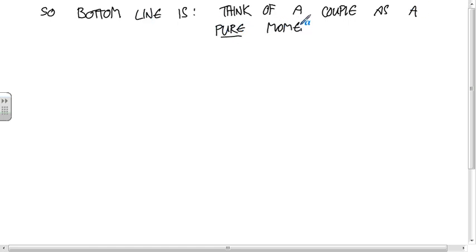It's just a moment you apply to a body. When problems say that there's a couple applied here, they don't give it as two different forces. They give it as a moment. And that moment is the same no matter where the about point is, because we lost that dependence on the about point.